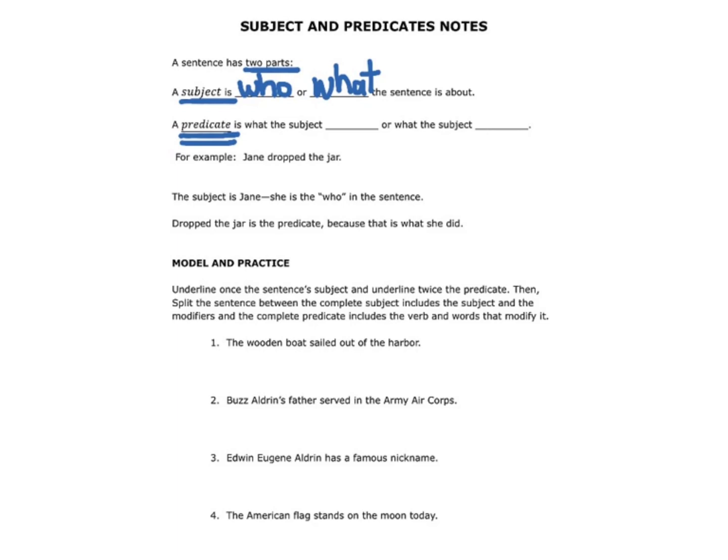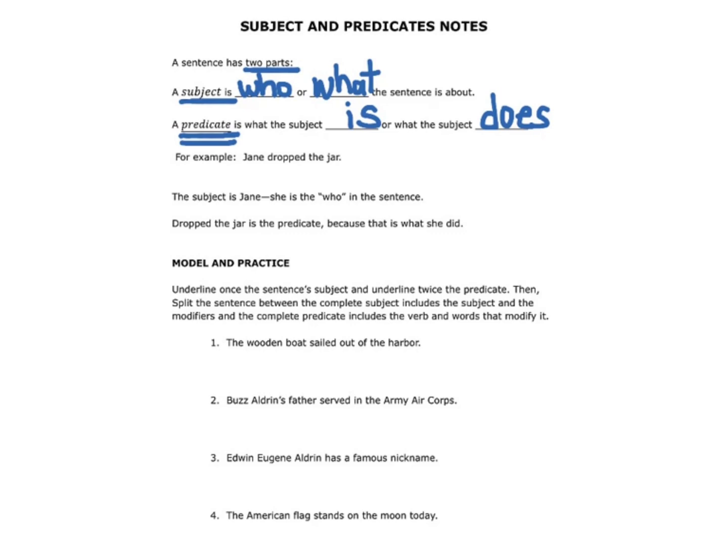A predicate is what the subject is or what the subject does. A predicate is what the subject is or what the subject does.